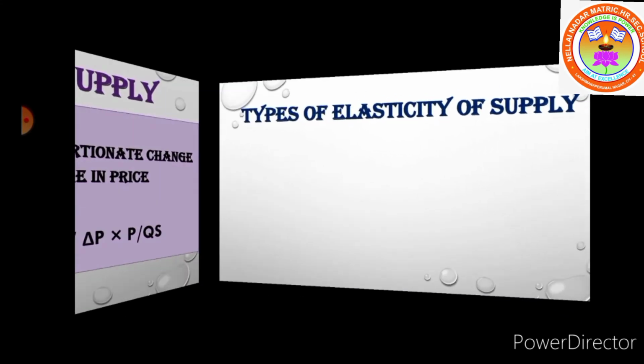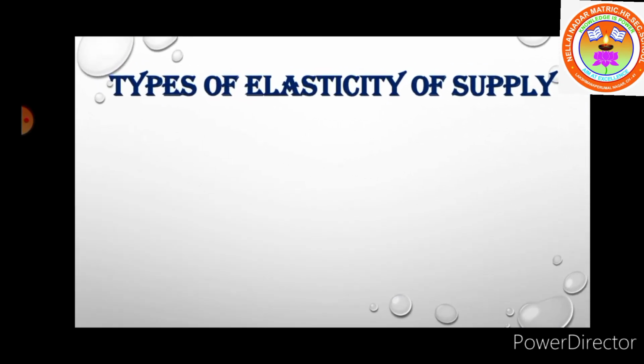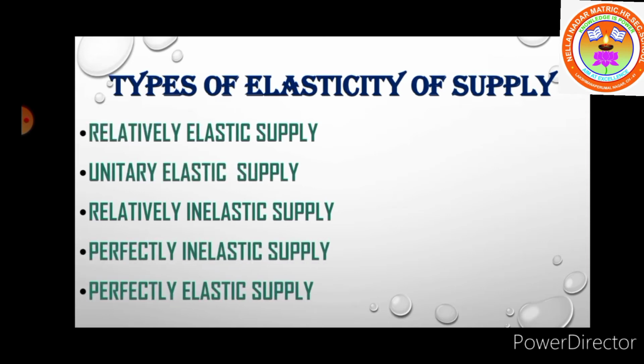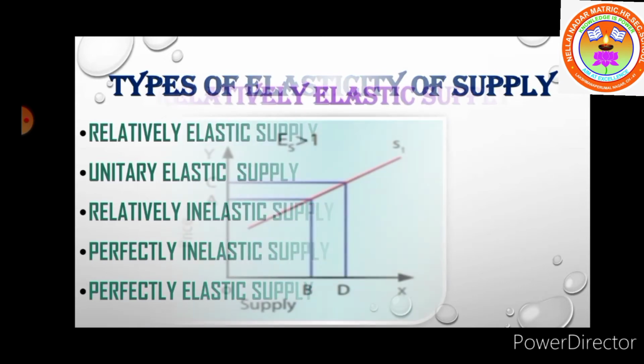Next, let us see types of elasticity of supply. There is relatively elastic supply, unitary elastic supply, relatively inelastic supply, perfectly inelastic supply, and perfectly elastic supply. Let us see them in detail one by one.